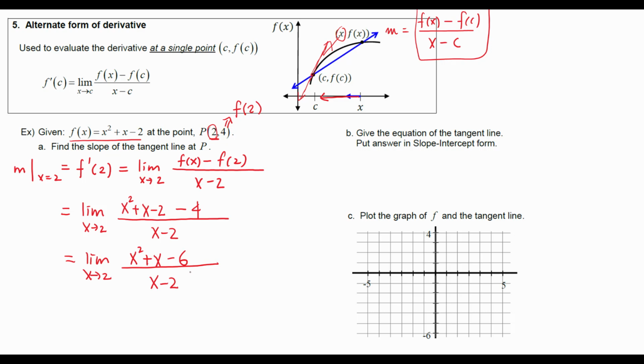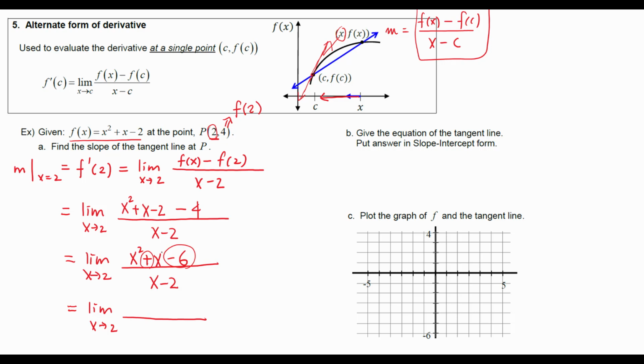Now, direct substitution won't work because my denominator will become 0, and that will be undefined. So the special technique we learned in this case was factoring the numerator. Hopefully it will have an x minus 2 factor, and the x minus 2 factors can be canceled, so I can do the direct substitution afterwards. How does x squared plus x minus 6 factor? You think of two numbers whose product is negative 6 and sum is positive 1.